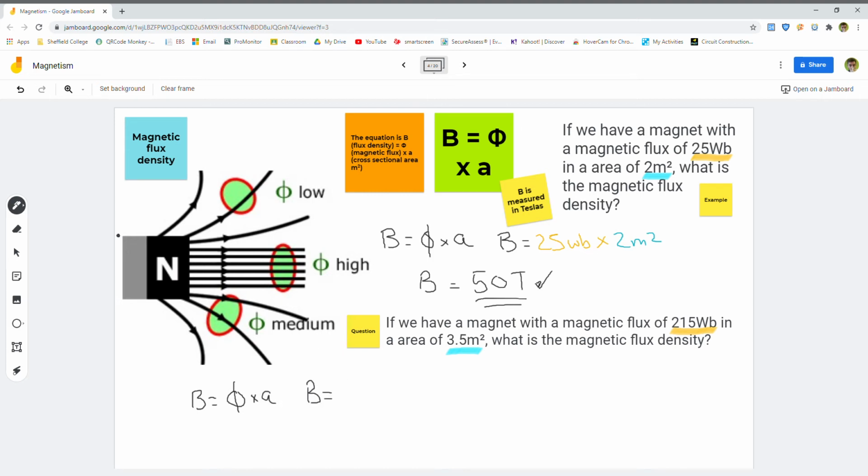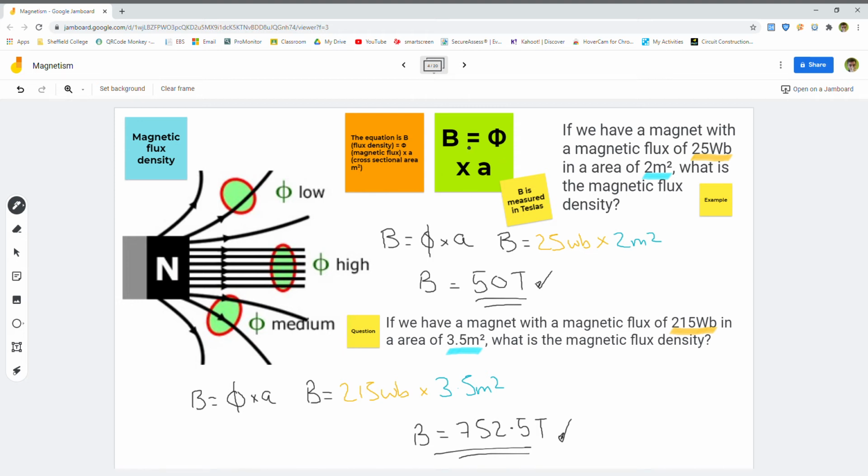B equals 215 Weber times 3.5 meters squared. B equals 752.5 Teslas. Hopefully if you did stop the video, you got the same answer as me.